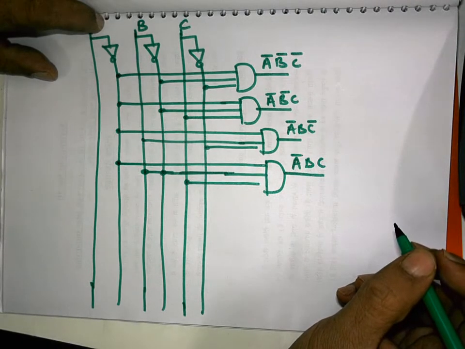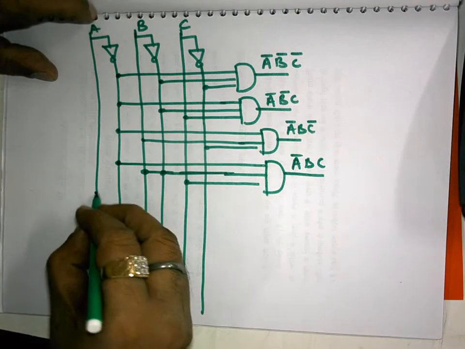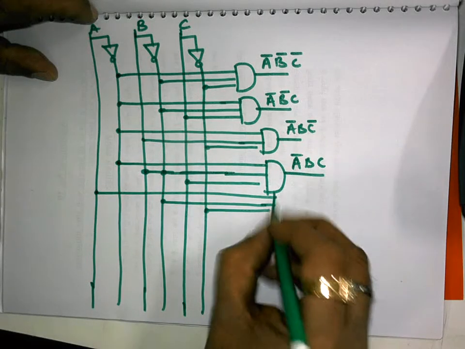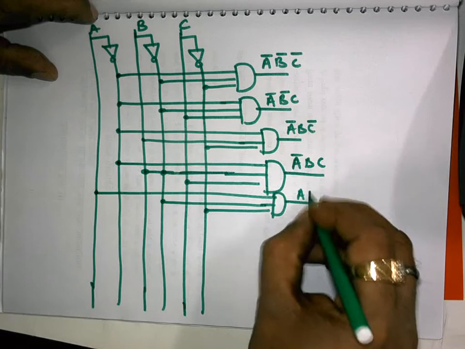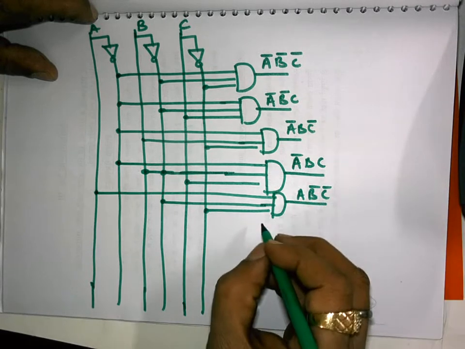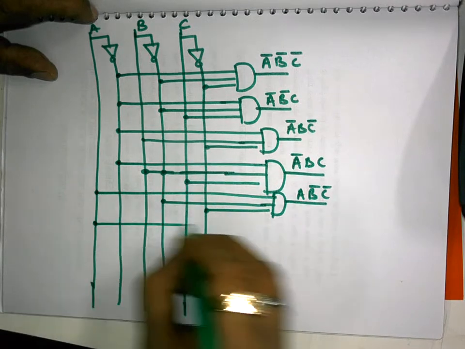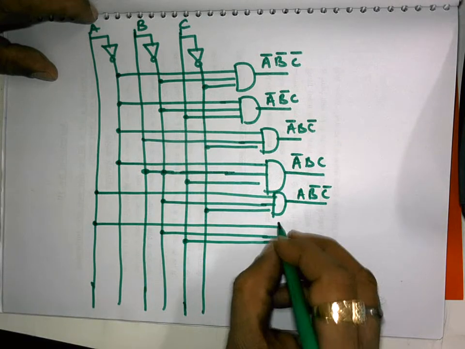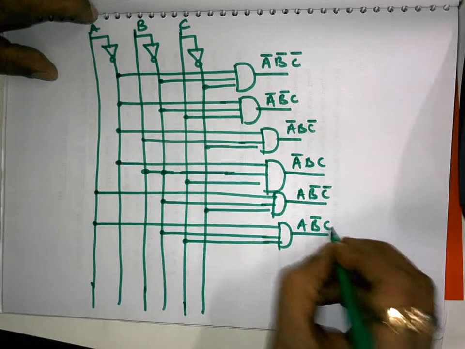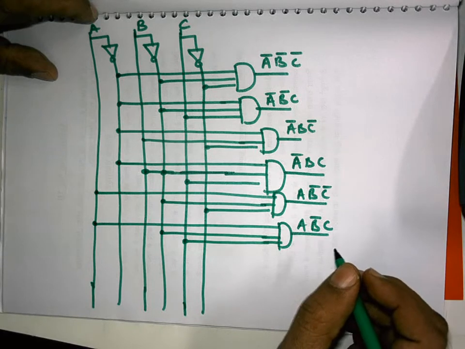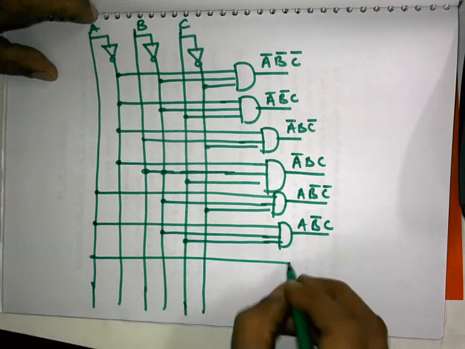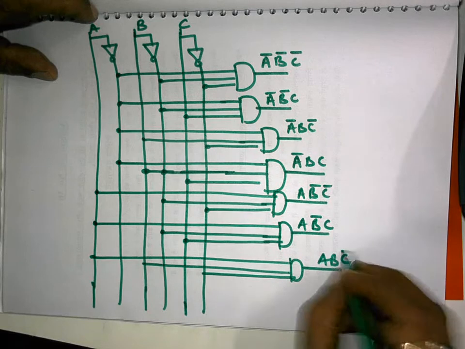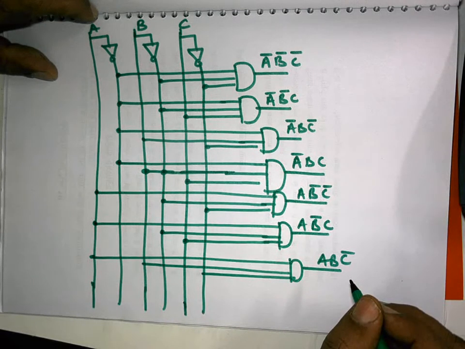Then A, B bar, C bar. Then A, B bar, C. Then A, B, C bar.